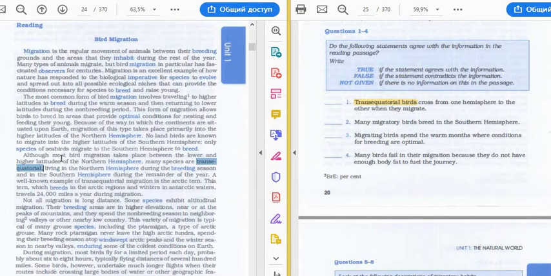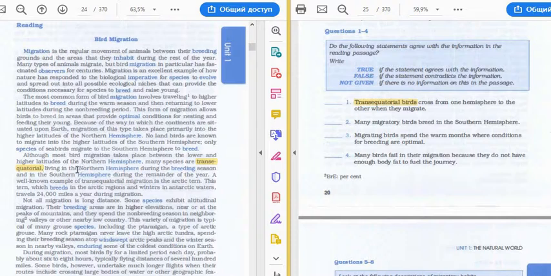Just highlight this, and let's read the sentence. Although most bird migration takes place between the lower and higher latitudes of the northern hemisphere, many species are transequatorial, living in the north hemisphere during the breeding season, in the south hemisphere during the remainder of the year.